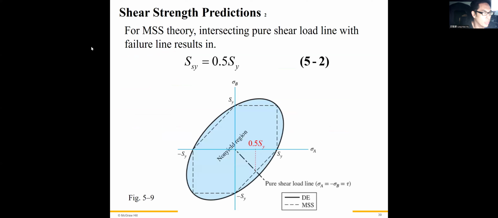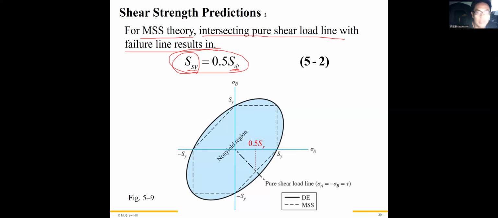Okay, so let's look into this stress envelope. This is a stress envelope for the maximum shear stress. The intersection of the pure shear loading line with the failure line results in the shear yielding stress. S means shear, Y means yielding occurs, so Sy defines the shear yielding stress.